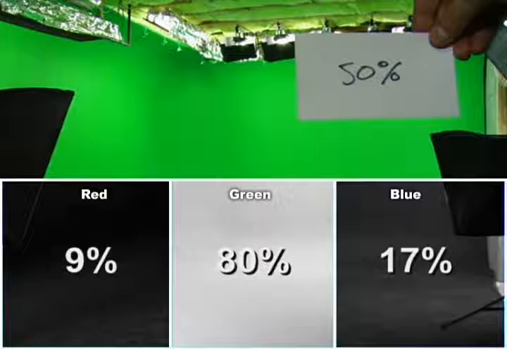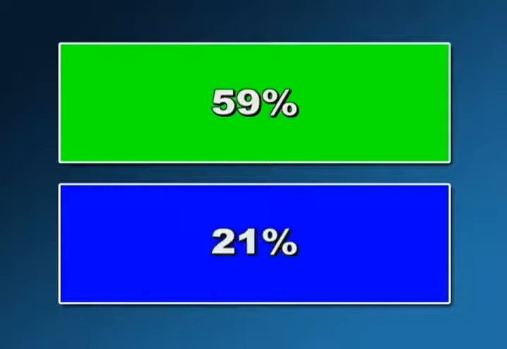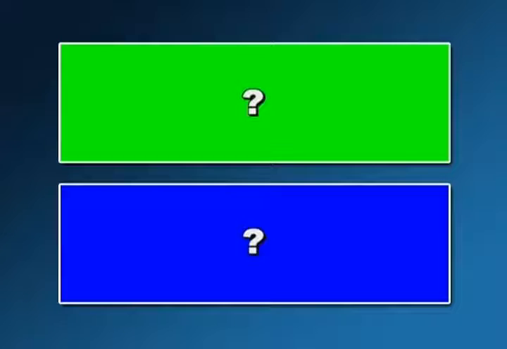But the real reason is that light meters give perceptual weighting to primary colors, just like cameras give more bandwidth to some channels. So a perfect green actually reads as 59%, but a perfect blue might read at 21%. And that even depends on the light meter, because a different meter will give a different reading.